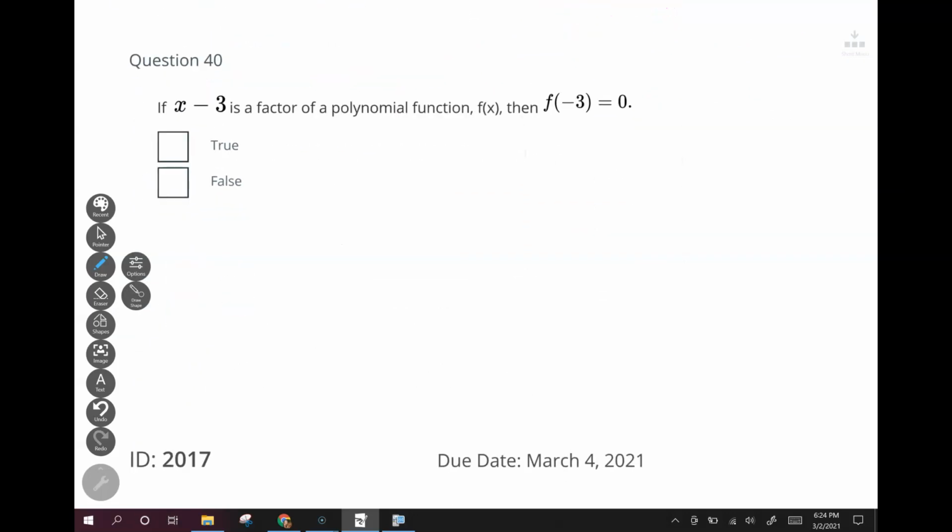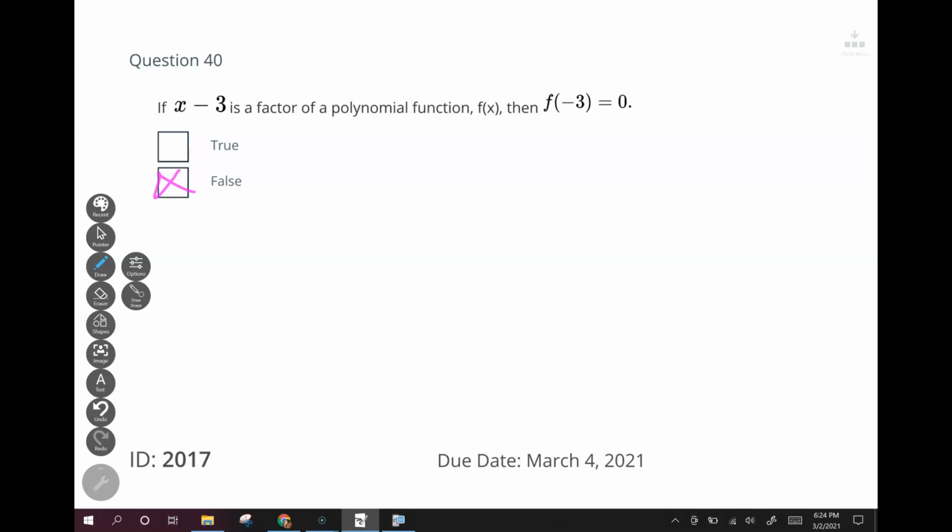All right, last problem. If x minus 3 is a factor of the polynomial function f of x, then f of negative 3 equals 0. So think about that one on your own. So this one is actually false.